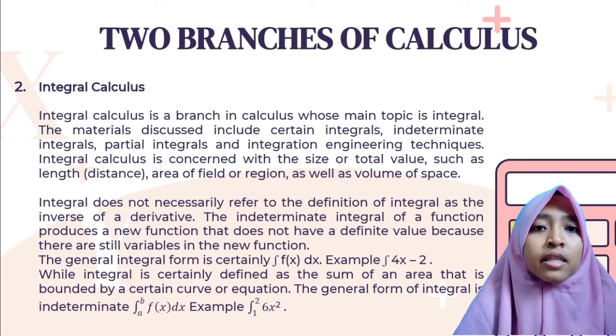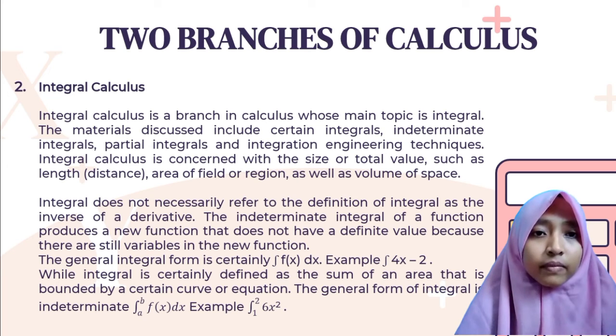The indefinite integral of a function produces a new function that does not have a definite value because there are still variables in the new function. The general integral form is integral f(x) dx.